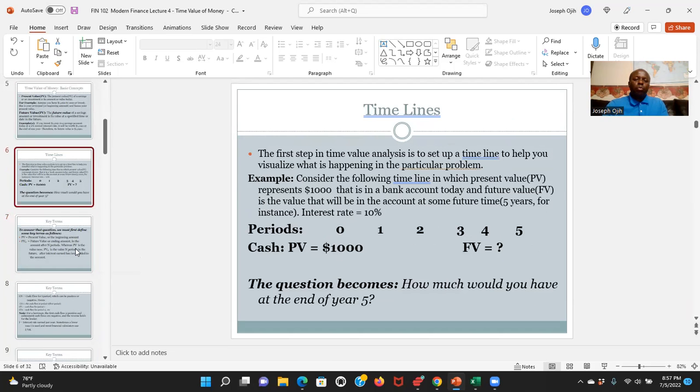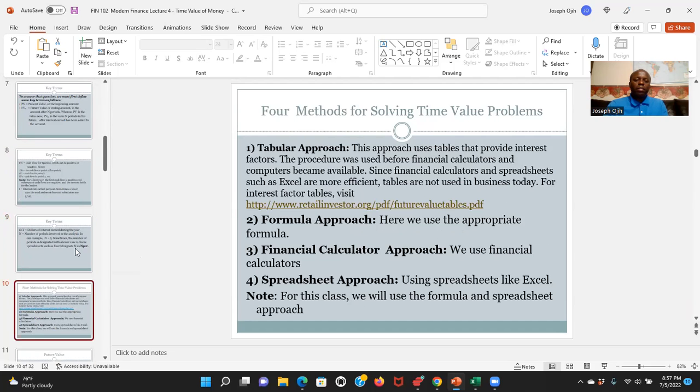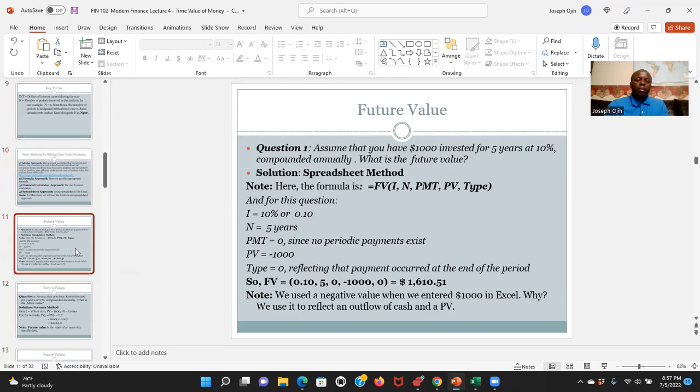Now, the question we are trying to answer is this one here. It says, assume that you have $1,000 invested for 5 years at 10% compounded annually. What is the future value of this investment? So I gave you an example with the Excel method.